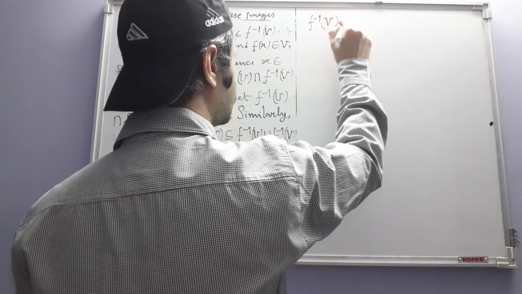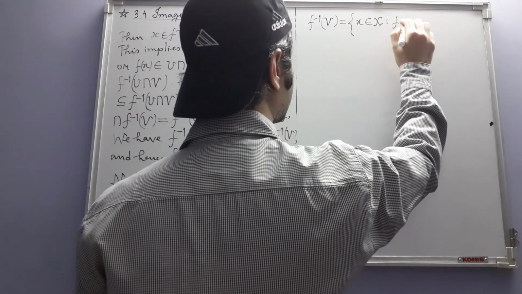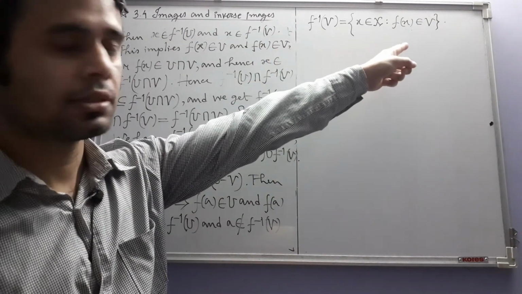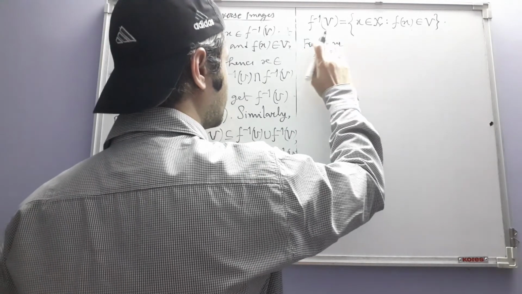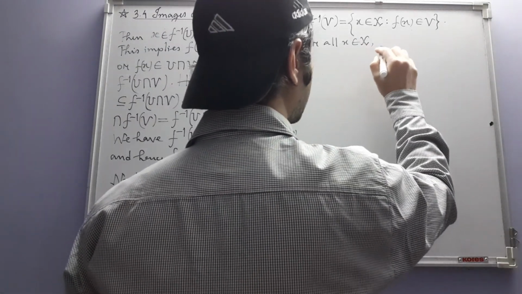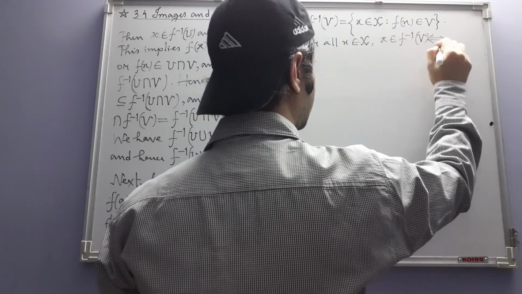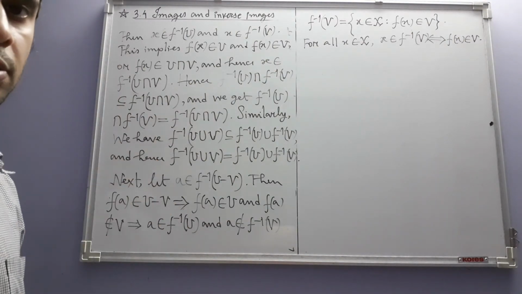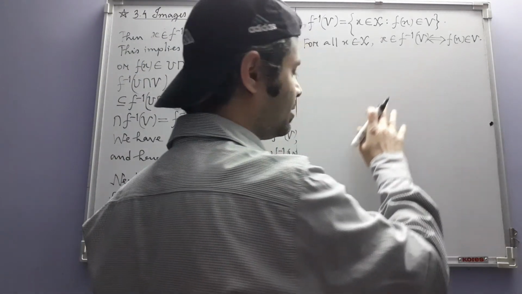F inverse of V is the set of those elements in the domain whose F images belong to V. Another way of writing this statement is this: for all x belonging to X, x belongs to F inverse of V if and only if Fx belongs to V. That's because this is the meaning of F inverse of V. So let me break it down further.